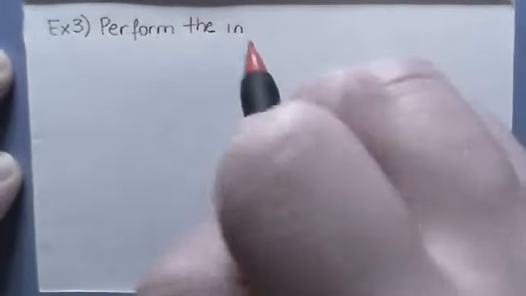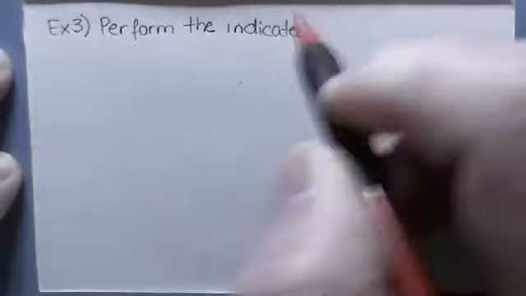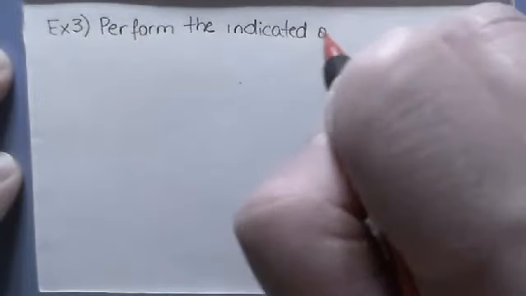Okay, now we're going to do example number 3, where we're going to apply what we learned about LCDs in order to add or subtract rational expressions. So let's suppose I have example number 3, which says perform the indicated operations.